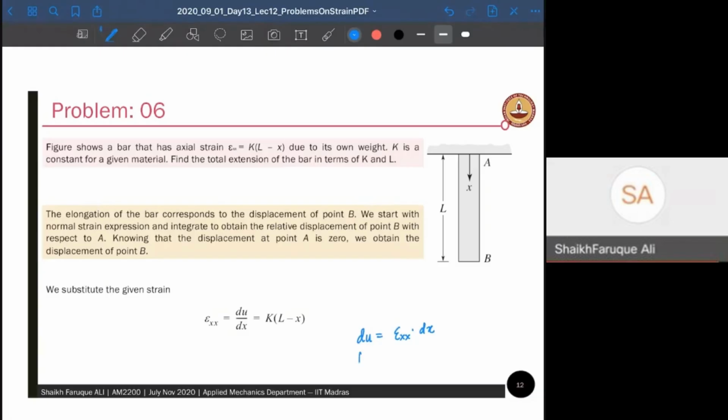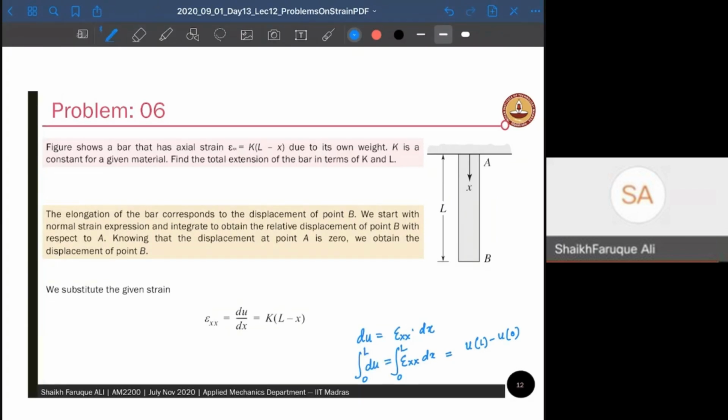If I integrate du, I get the integration of epsilon xx dx, let's say between 0 and L. That will give me u at L minus u at 0, right? So if I need to find deformation, I need to integrate the strain.